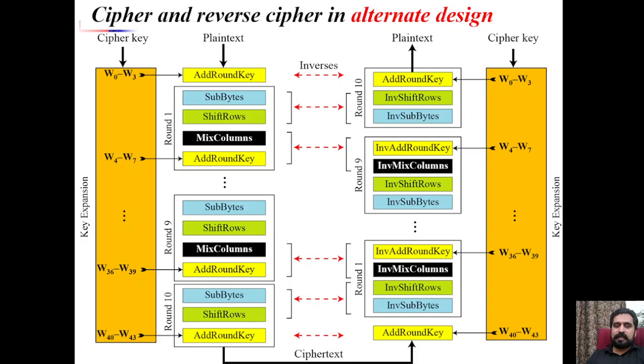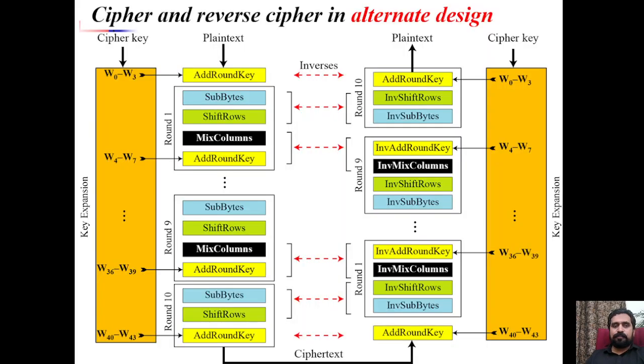Instead of using the inverse round key transformation in the reverse cipher, the key expansion can be changed to create a different set of round keys for the inverse cipher. However, note that the round key in the pre-round operation and the last round should not be changed. The round keys for rounds 1 to 9 need to be multiplied by the constant matrix. The rest of the algorithm is left as an exercise.